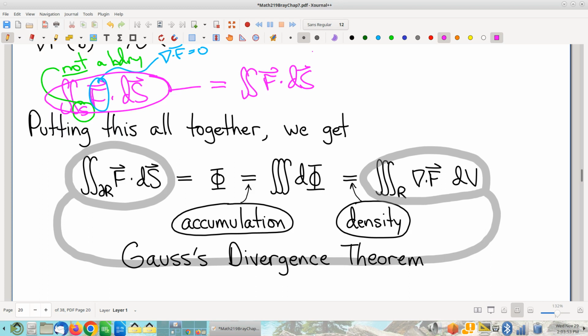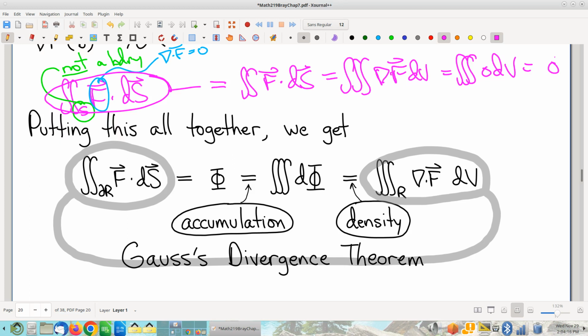And they'll say equals triple integral of divergence, namely triple integral of 0, therefore equals 0. And they happily move on to the next question with this as their work.